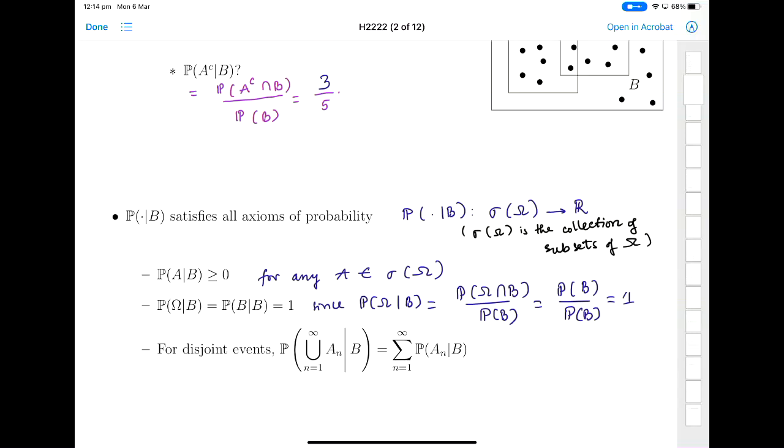So how can we prove the last equality? If A_i are disjoint, I want to prove the last equality, to make sure that the conditional probability given B is also another probability.